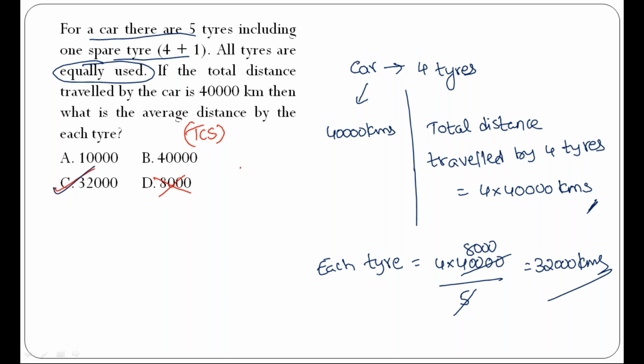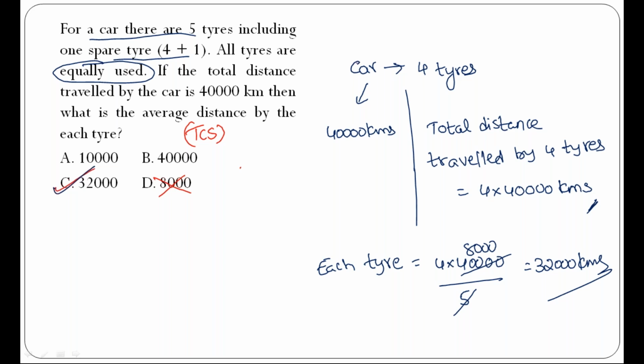So 4 into 40,000, 1,60,000 is the total distance traveled by 4 tires, not one tire. Total 4 tires. Okay, that should be distributed equally among 5 tires. That's why divided by 5. Is it clear, my dear friends? So now 4 into 8,000 will get 32,000 kilometers, the average distance traveled by each tire.